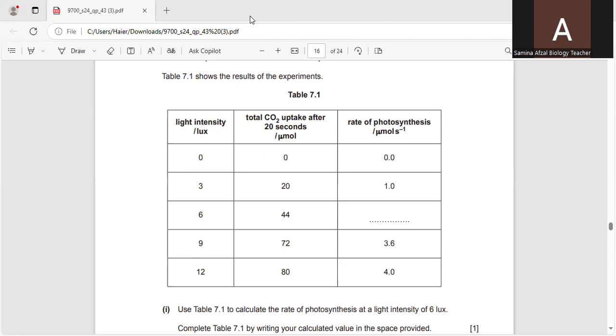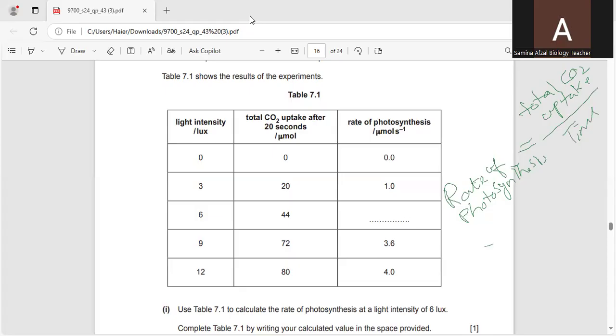I'm going to write this formula in this way. The rate of photosynthesis is equal to the total carbon dioxide uptake divided by time.